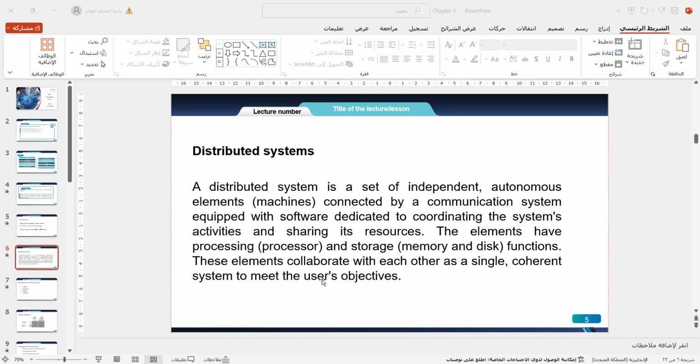Here are some key applications and use cases of grid computing, which can be summarized in 5 examples. The first example is scientific research.